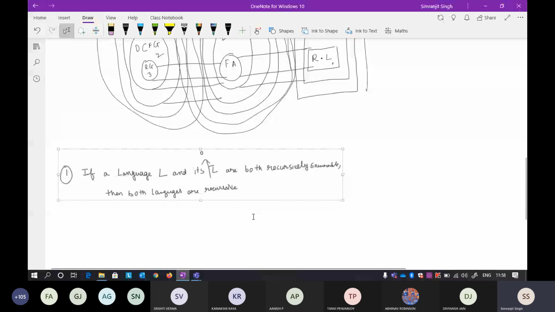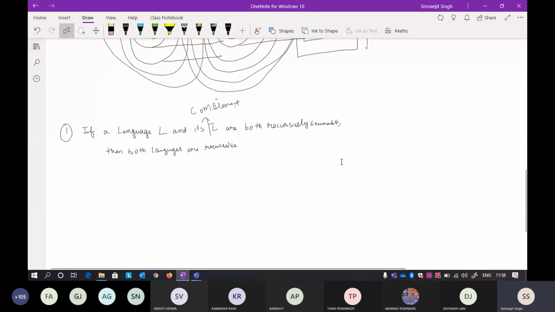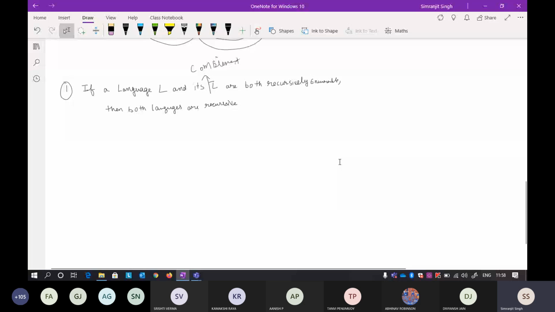So now it says if a language L and its complement L dash are both recursive enumerable, then both languages are recursive. Okay, so what exactly is the meaning of it? Let me tell you the differences here again, between recursive enumerable and recursive language.